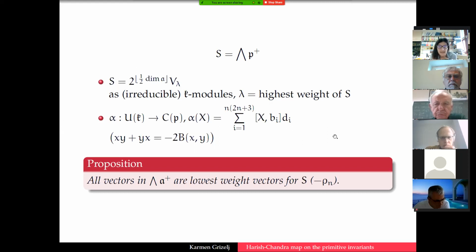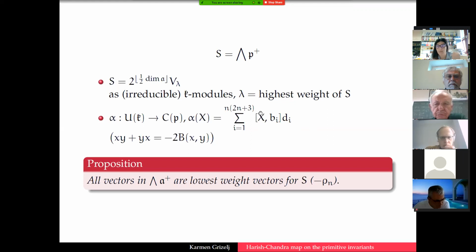What we will also need is this mapping alpha that is defined on K with this formula. b_i, d_i are dual bases for P. So we do a commutator with b_i and multiply it with d_i.